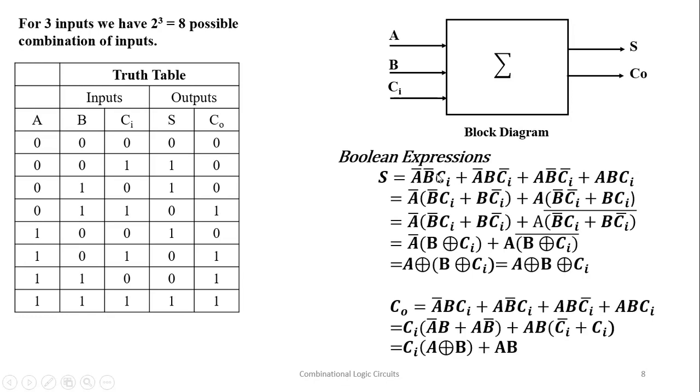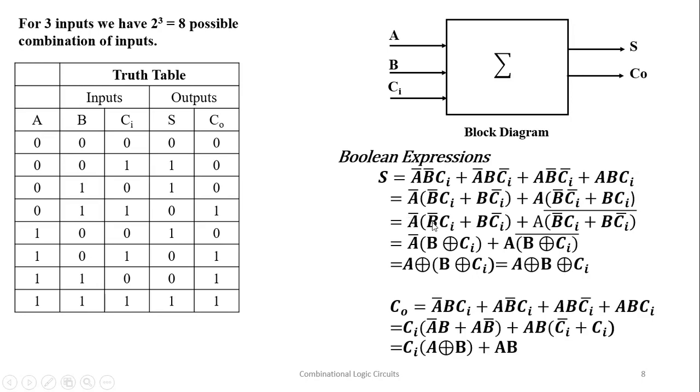So take A bar, and we are left with B bar CI plus B CI bar. And in these 2 terms, A is common, so we have B bar CI bar plus B CI. So A is common from these 2, and this one is A bar.